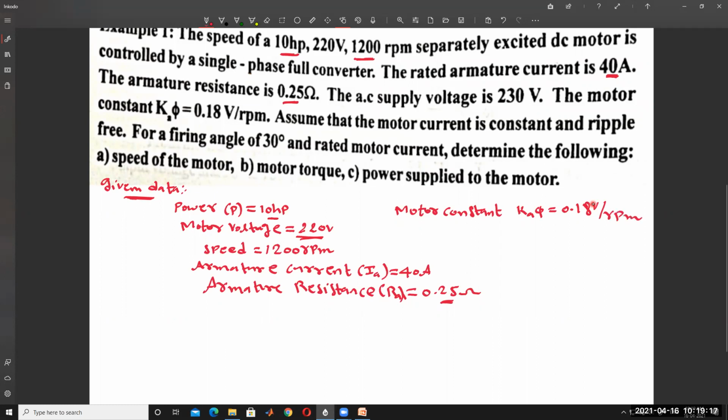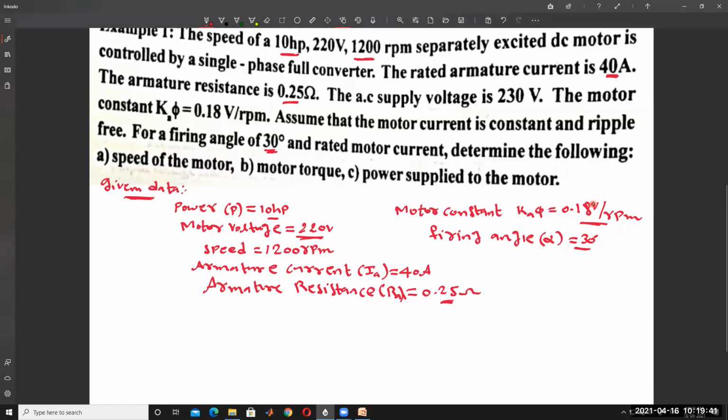And the firing angle alpha is equal to 30 degrees. So this is the given data.